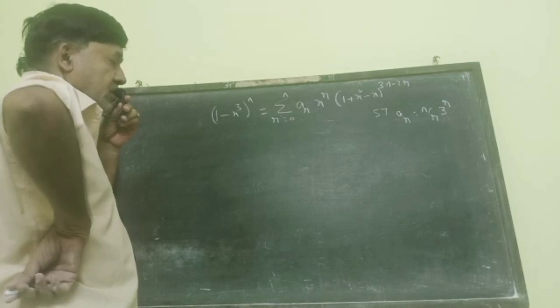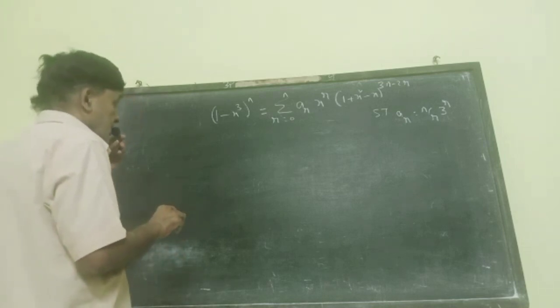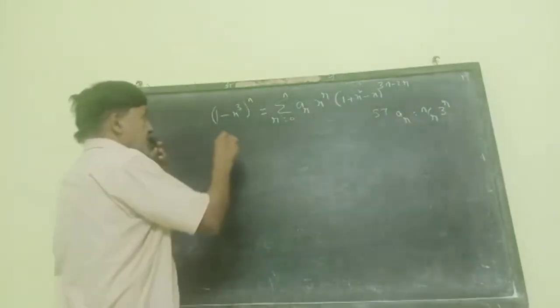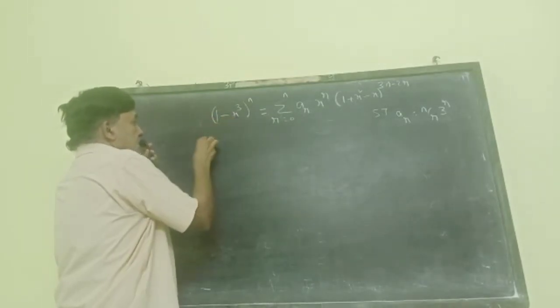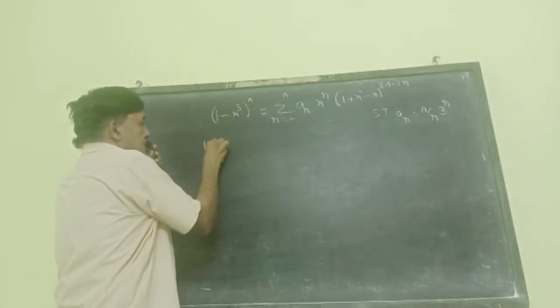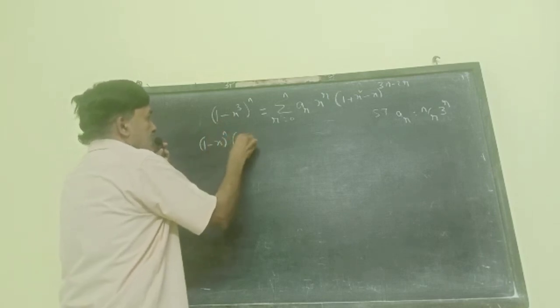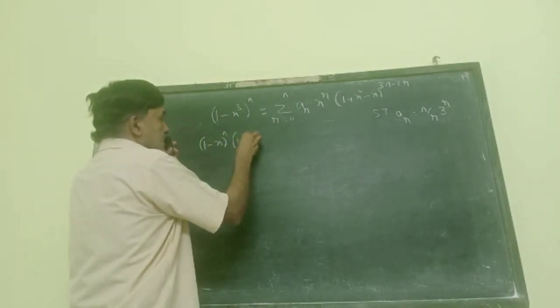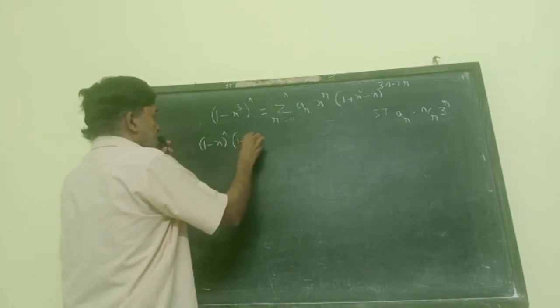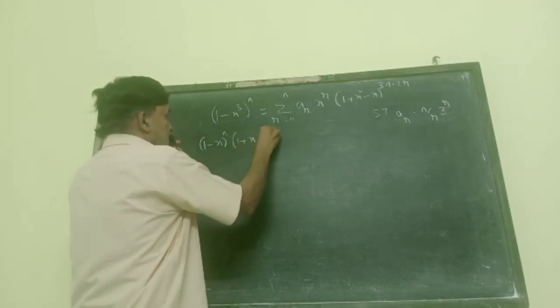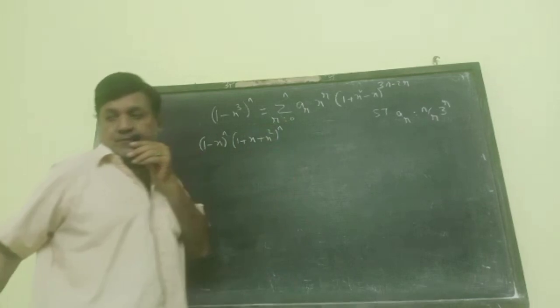Right. This is purely a manipulation problem. You just watch how I am manipulating. 1 minus x cube can be written as (1 minus x) whole power n into (1 plus x plus x square) whole power n.